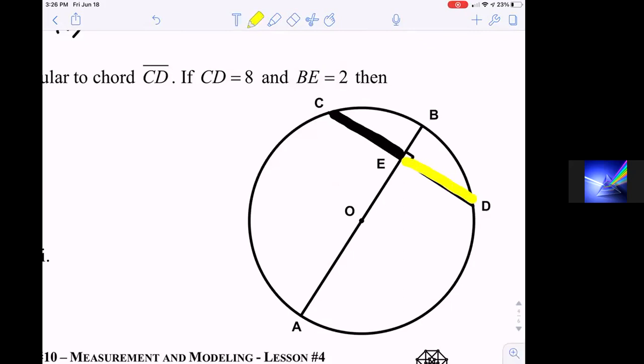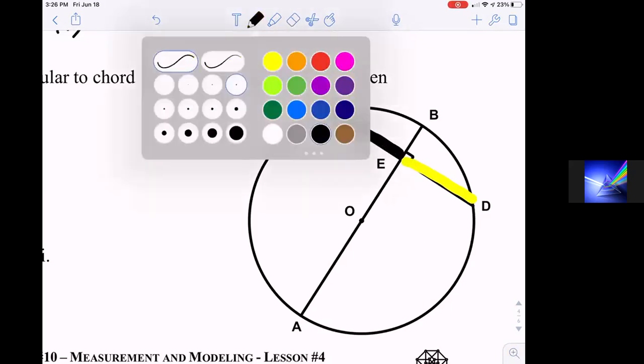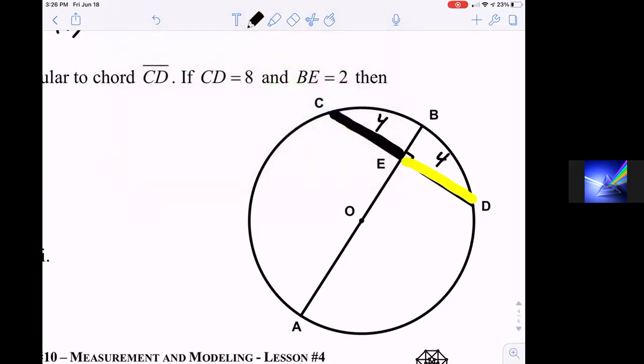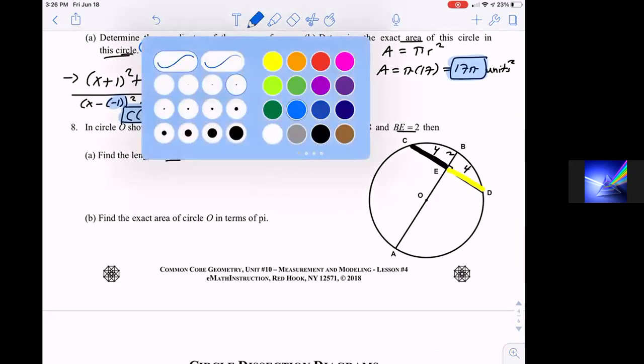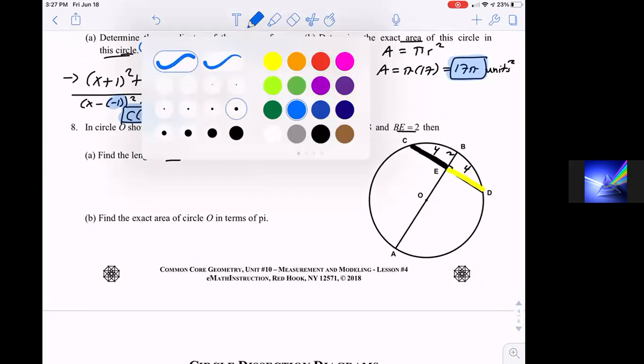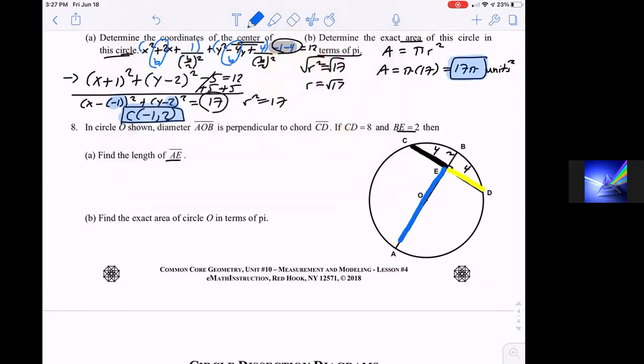So if CD all the way across is 8, well, that means this is going to be 4. This is going to be 4. We're told that BE is 2, and we're looking for length AE. So we're looking for the length of this segment right here, the long segment all the way across.